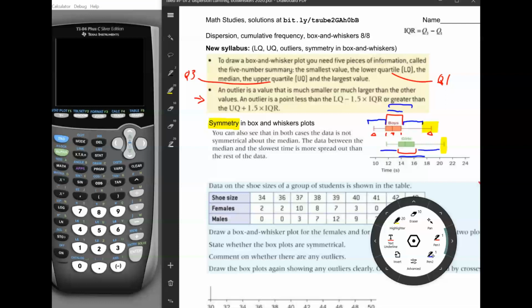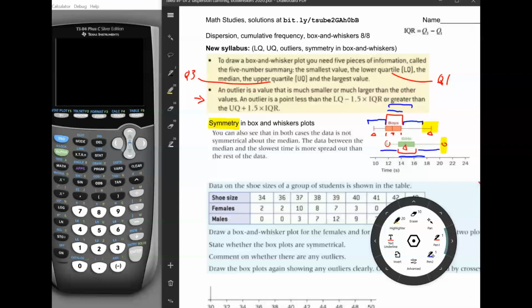The reason it's not symmetric is that there is a data point, looks like 19, which is much farther away from the middle 50% than the lowest time, which is 10. Same with the girls. If you look at the middle of the girls plot and you look at the left edge and the right edge, the right edge is much further away from the middle than the left edge, so obviously it's not symmetric.